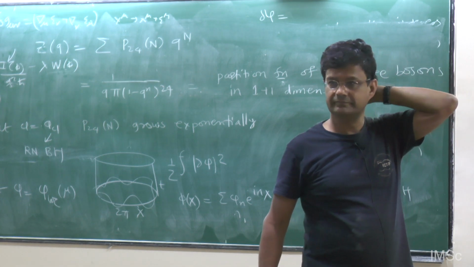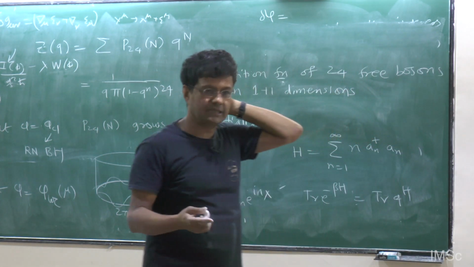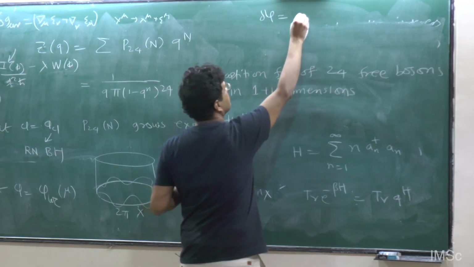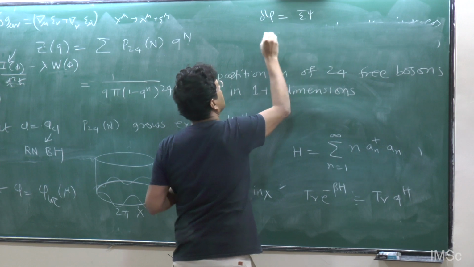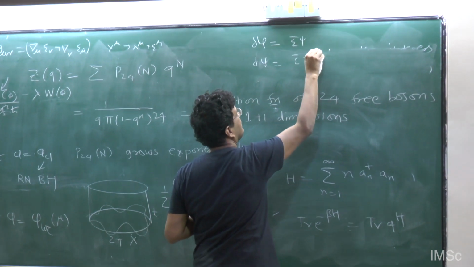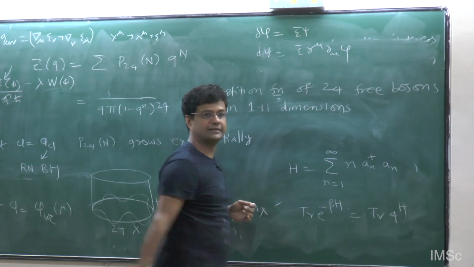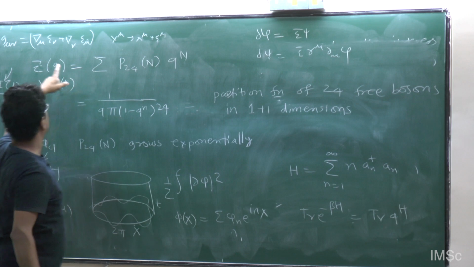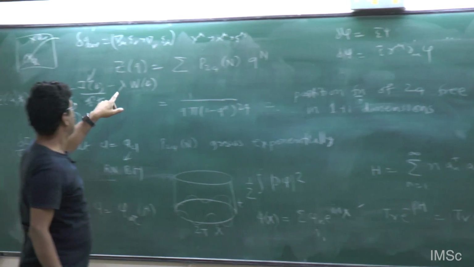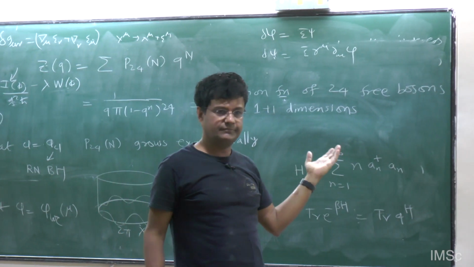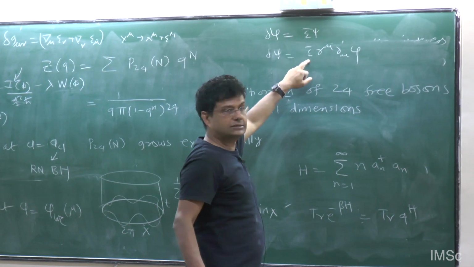The choice of W is arbitrary to the extent that, suppose I tell you that I is invariant under some supersymmetry, say epsilon bar psi, and delta psi is equal to, say, I don't know, epsilon bar gamma mu del mu phi, something like that. Once I specify this, and I know that I is invariant under this action, then I can construct W of phi, which depends only on this.